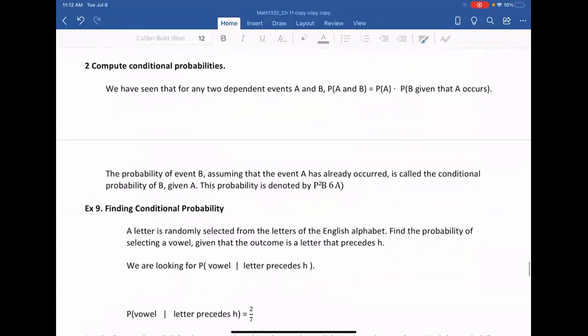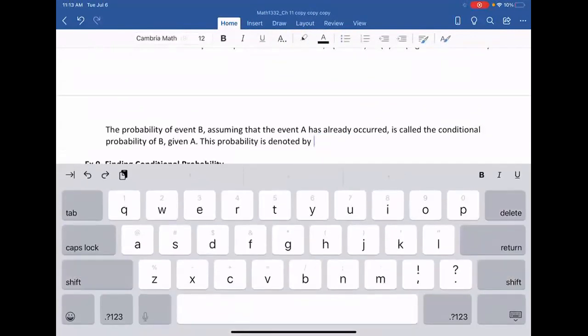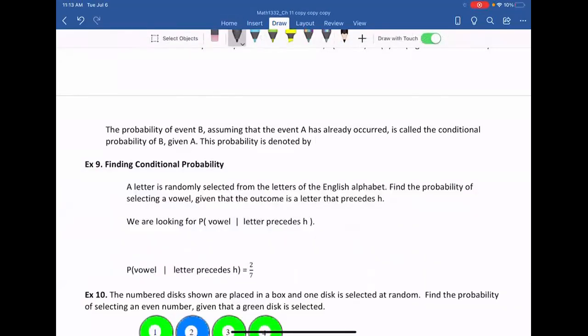Let's move on to part 2, compute conditional probability. We have seen that for two dependent events A and B, the probability of A and B equals P of A times P of B, given that A occurs. So how to use notation to denote it? I made this on my Windows laptop, so converting it to the iPad deleted a lot of information.